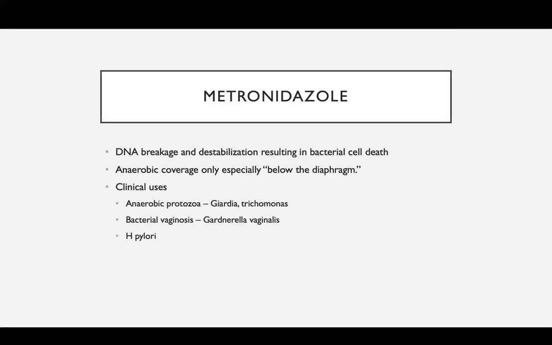Next is going to be metronidazole. So metronidazole causes DNA breakage and destabilization, which results in bacterial cell death. You have anaerobic coverage, and so it's typically known as being used for infections, quote unquote, below the diaphragm. And you'll see this clinically being used against anaerobic protozoa such as Giardia, Trichomonas, bacterial vaginosis, Gardnerella vaginalis, and H. pylori.